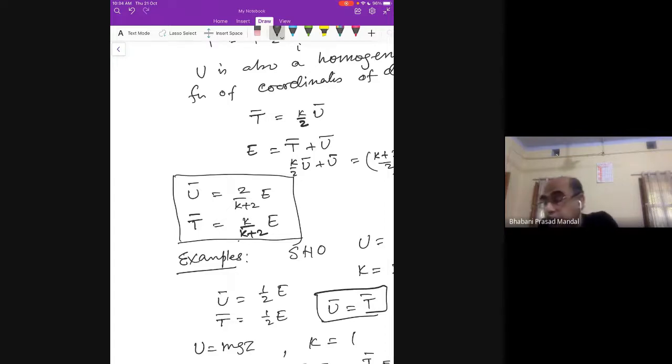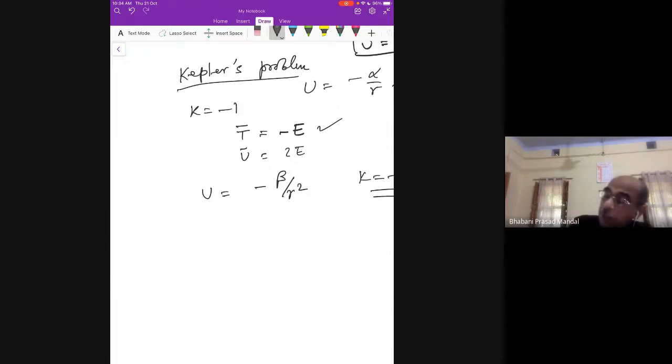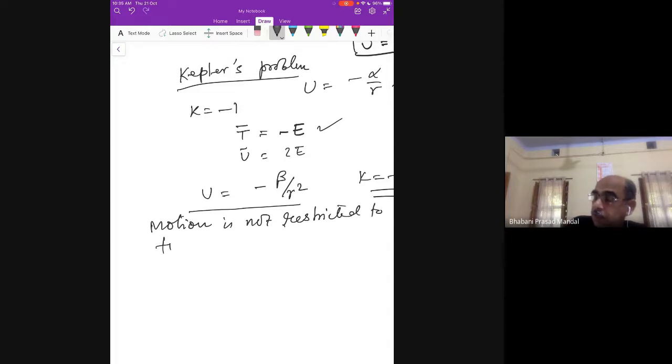So where is the problem? Problem is that when you learn central force problem, you will find if you have this kind of potential, then motion is not restricted to a finite region of space. You can see that the particle can go to infinity if you have this potential.